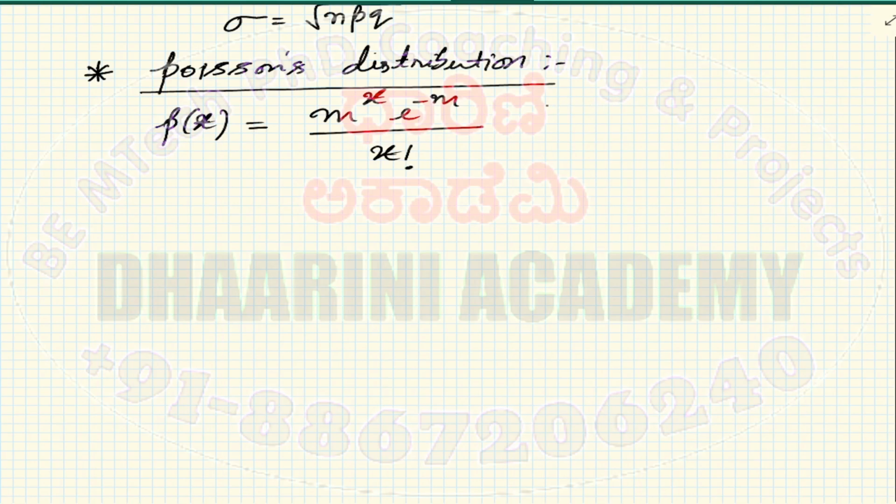This is called the probability. There is a constant value that depends on some variable, that is m.